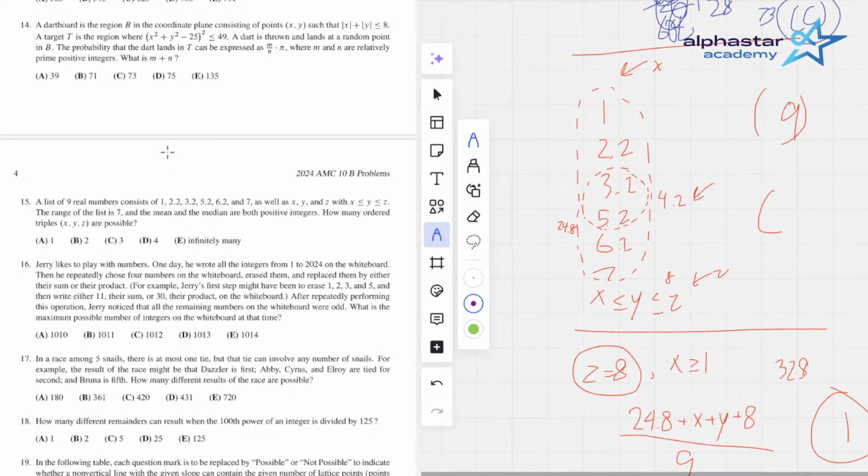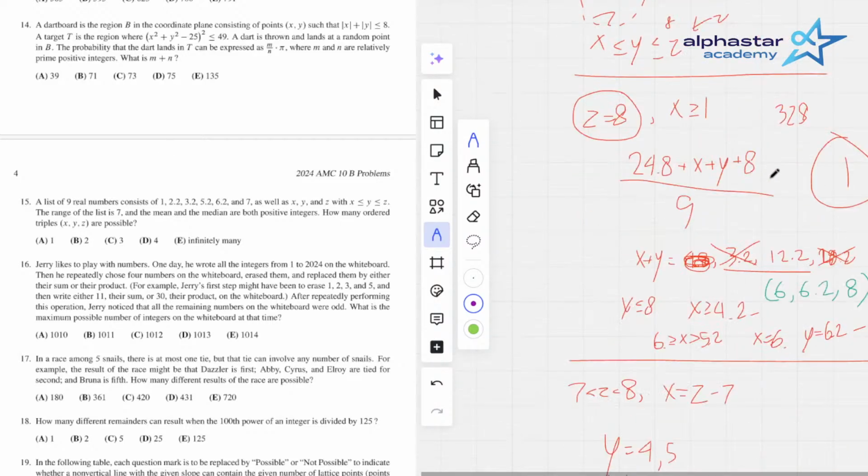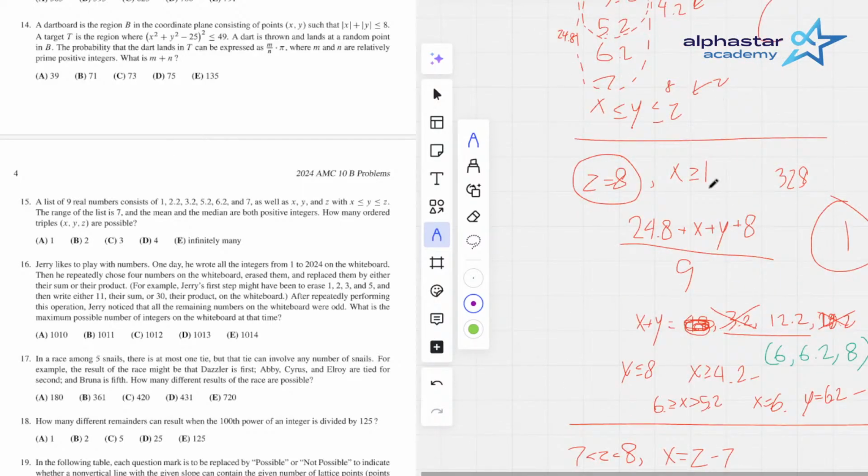Okay, the median has to be one of the elements of the list because the number of elements is odd. So we know that either x, y, or z is an integer. X, y, and z, right? Okay, right. So the outer bounds are either x and z, x and 7, or y and z. So if z is 8, then x is at least 1.